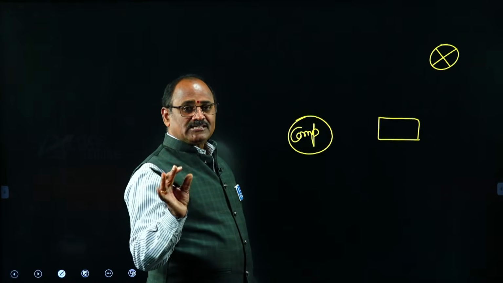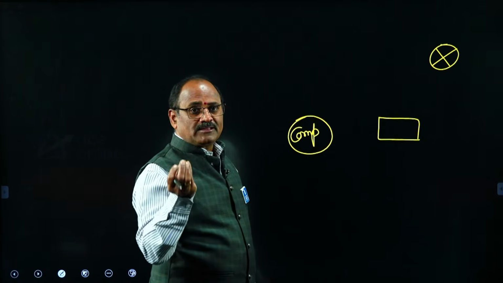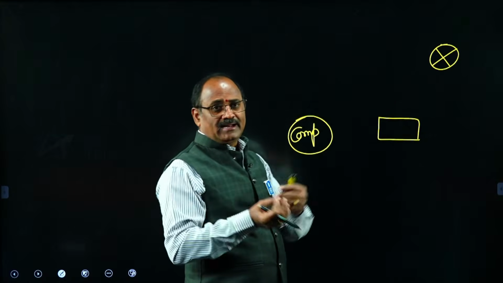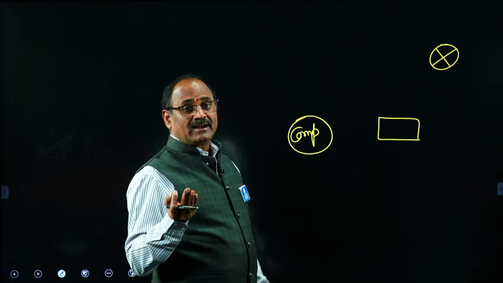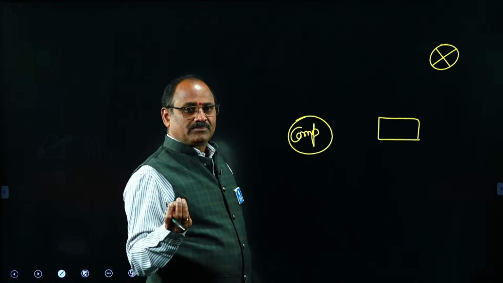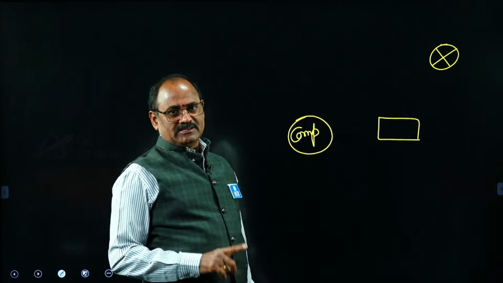In the throttling process, pressure is dropping by friction. Since friction is causing the pressure drop in the throttling device, the process connected to the throttling device comes under an irreversible process, right? If any cycle maintains all reversible processes, that kind of cycle is called a reversible cycle.